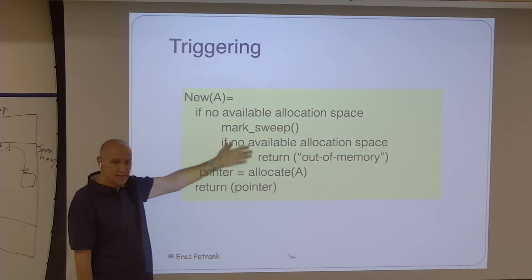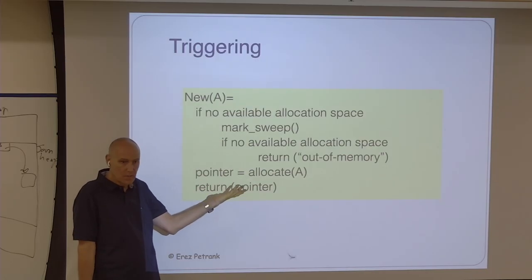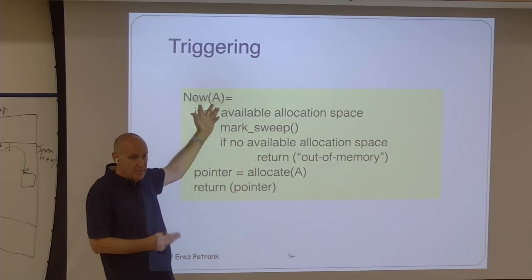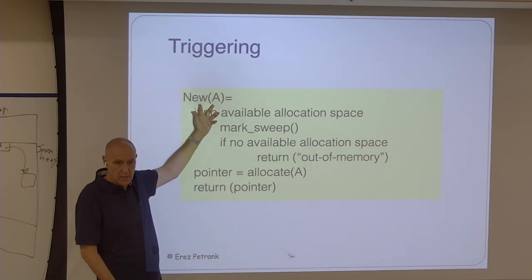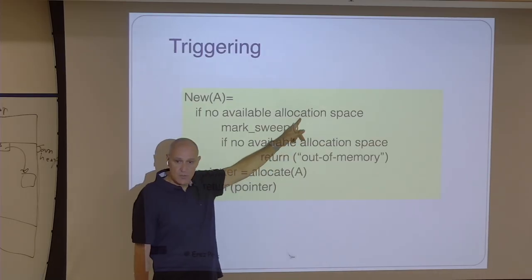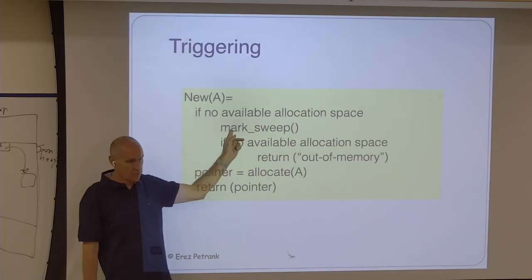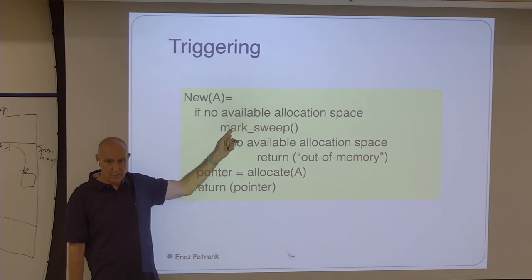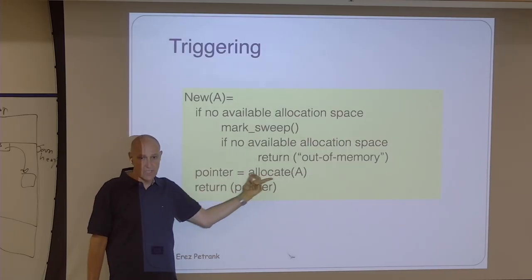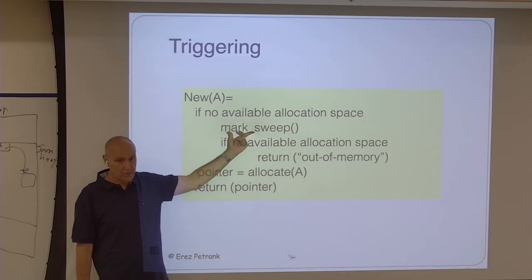So how is it triggered? How do we start to do garbage collection? I mean, we only do new object and we never say now start garbage collecting. So what happens? If there's no available allocation space while we're trying to allocate, then garbage collection is initiated. If we can allocate, then we just allocate and we return the pointer. If we cannot allocate, then we do garbage collection.